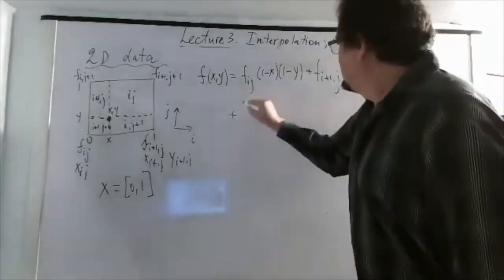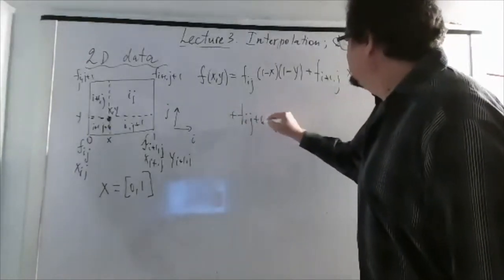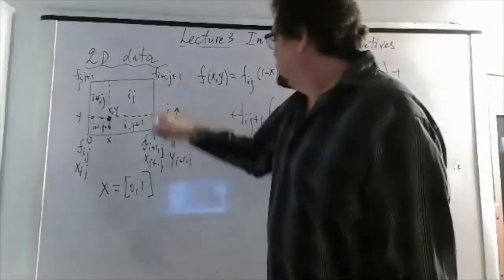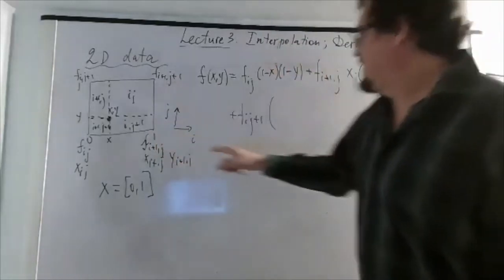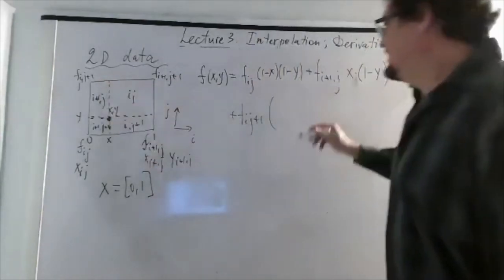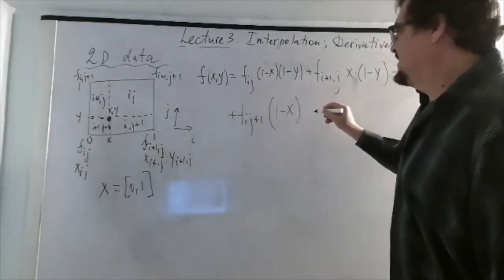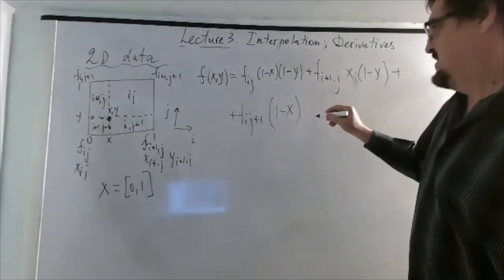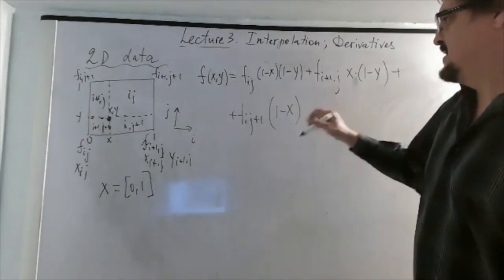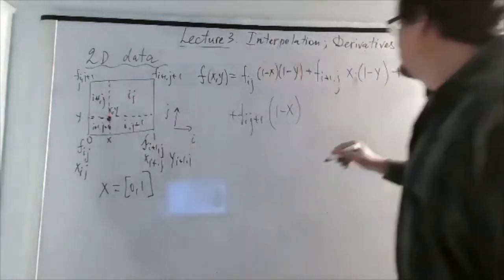plus Fij plus 1. It's this ij plus 1. Yes, this one. It's 1 minus x times, so it's this weight.